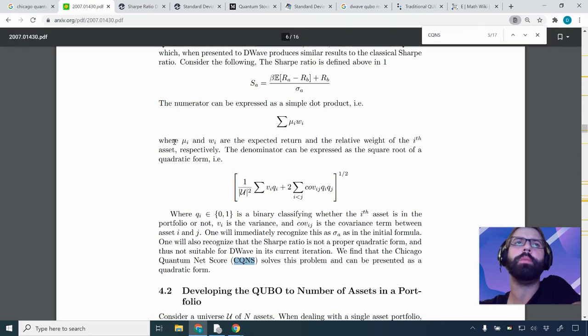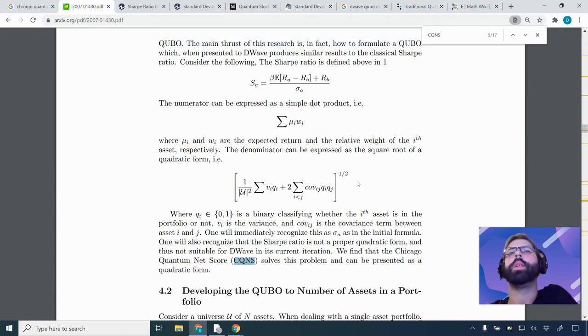Okay, yeah, mu_i being the expected return and w_i being the relative weight of the ith asset. The denominator can express the square root of this quadratic form. Oh, now I know where the 2 comes from. Okay, because it's 1 divided by these, and so okay, it's 1 divided by these.